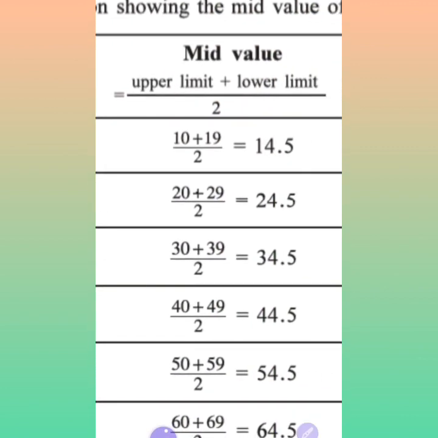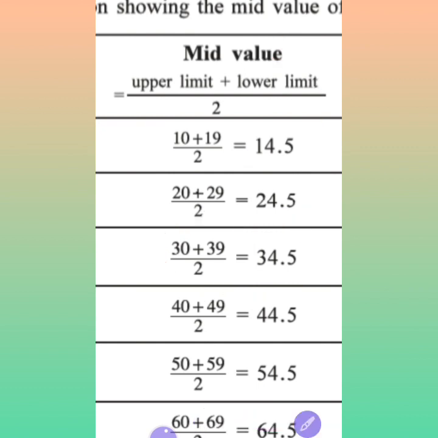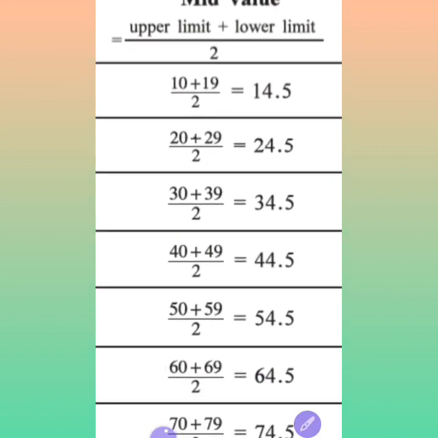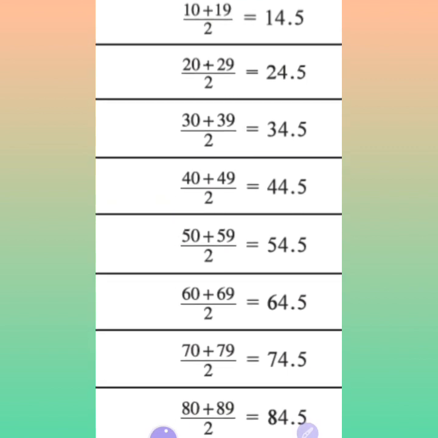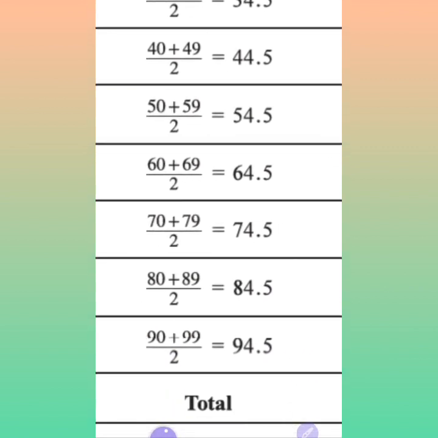You added 30 plus 39, divided by 2, and got 34.5. Again, it is our mid value. Similarly, you get the mid value for subsequent classes, that is 44.5, 54.5, 64.5, 74.5, 84.5 and 94.5.